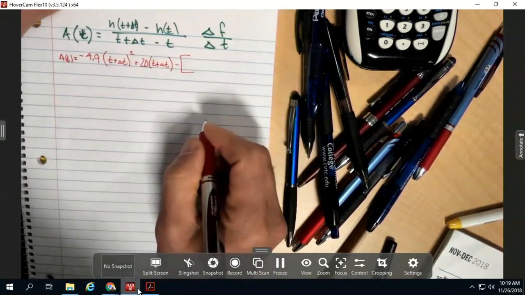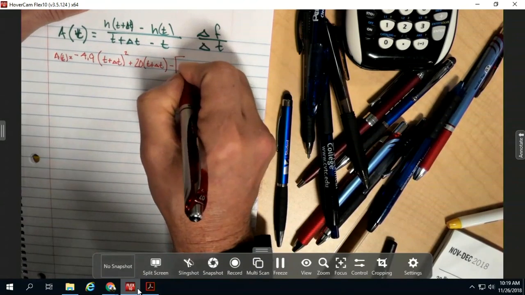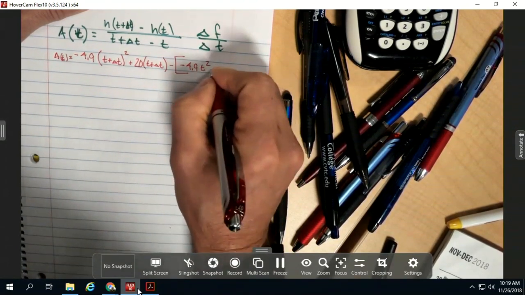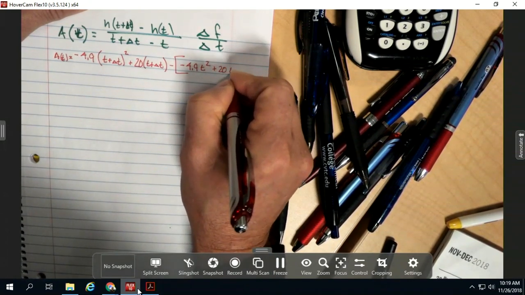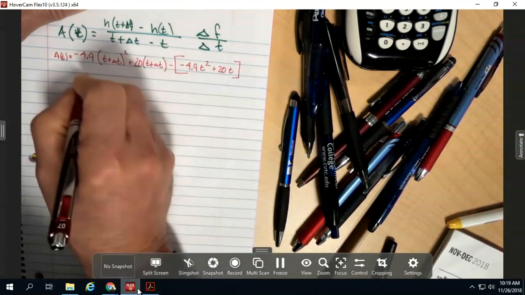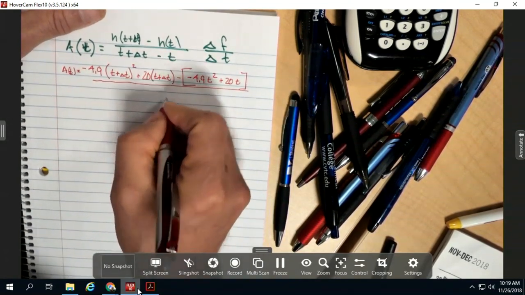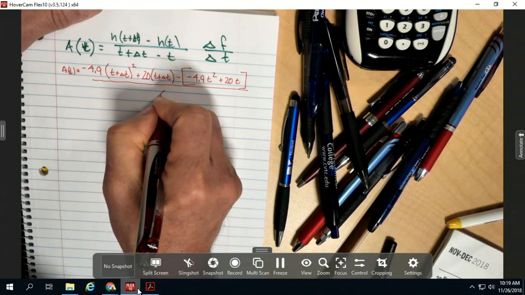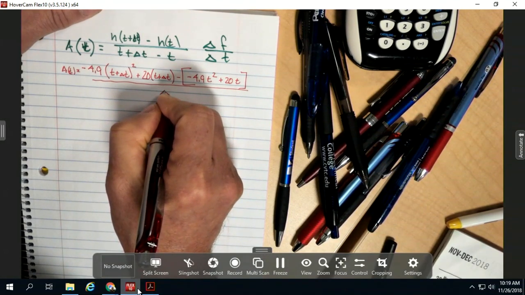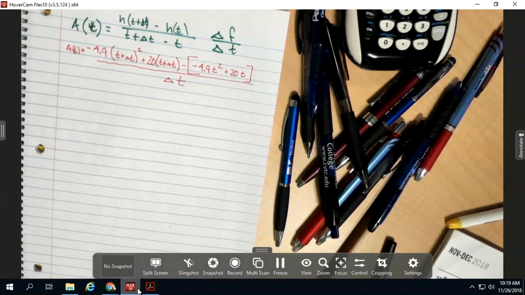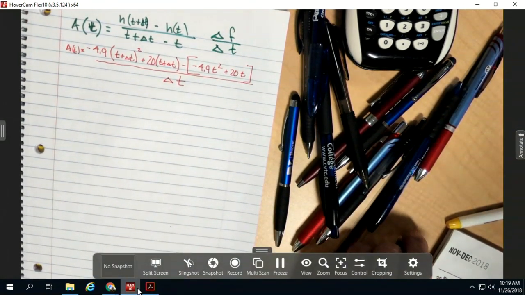Subtract negative 4.9 times t squared plus 20 times t, over t plus delta t minus t, which is just delta t. It says you do not need to simplify your expression.